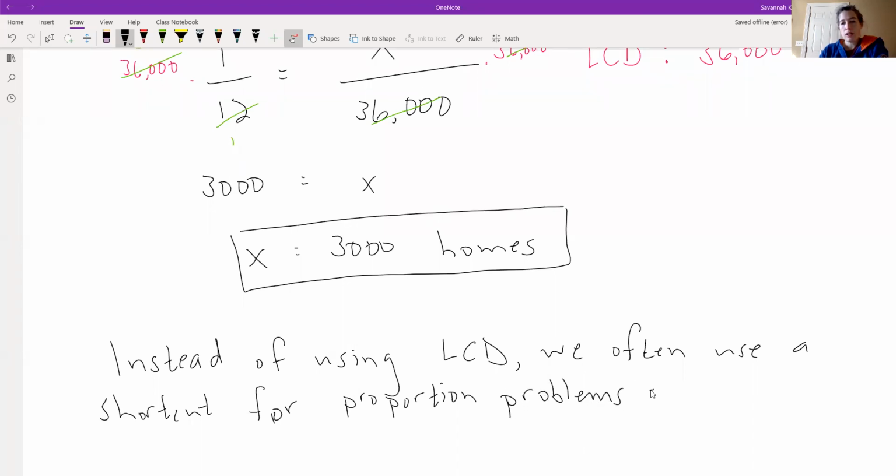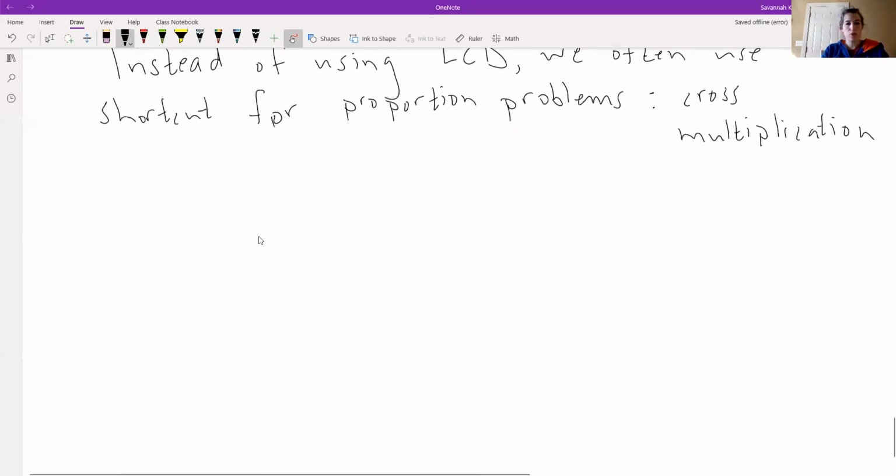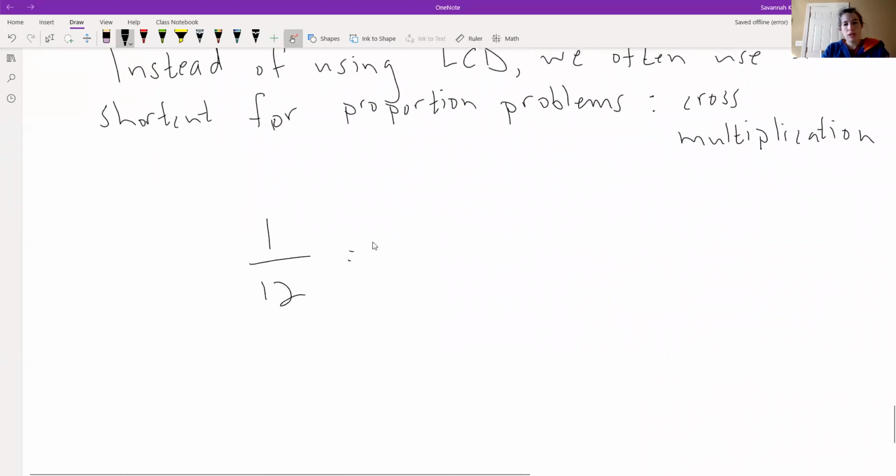And that shortcut is called cross multiplication. Very descriptive title, as it turns out. Okay, so here's what that would look like here. We had 1 over 12 equals X over 36,000.